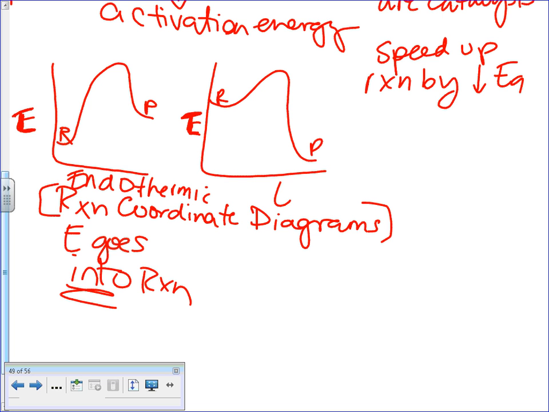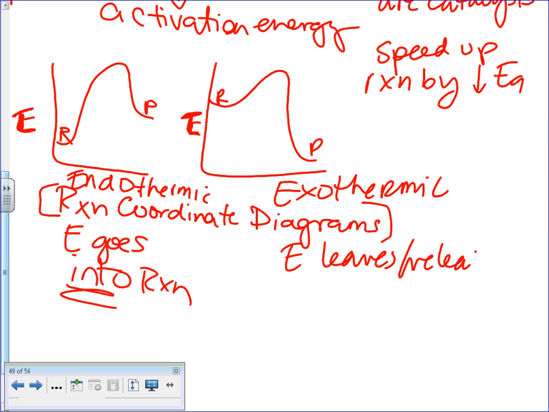So this would be an exothermic reaction because energy leaves or is released from the reaction. And we actually have little symbols that indicate this endothermic and exothermic nature. The symbols are this energy from the reactants to the products. There's a difference there, and I'm just going to draw a line indicating that difference. So that's the energy difference.